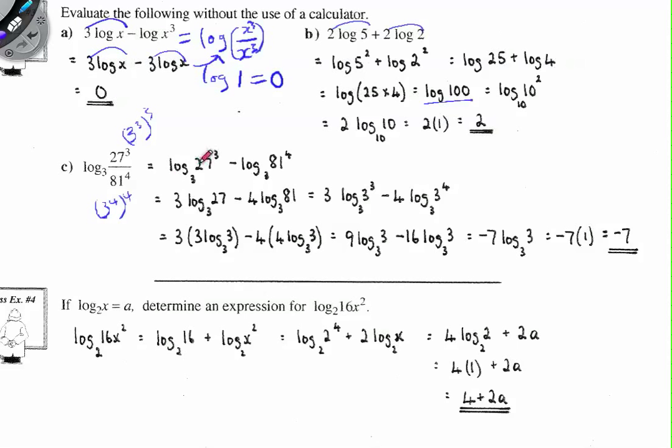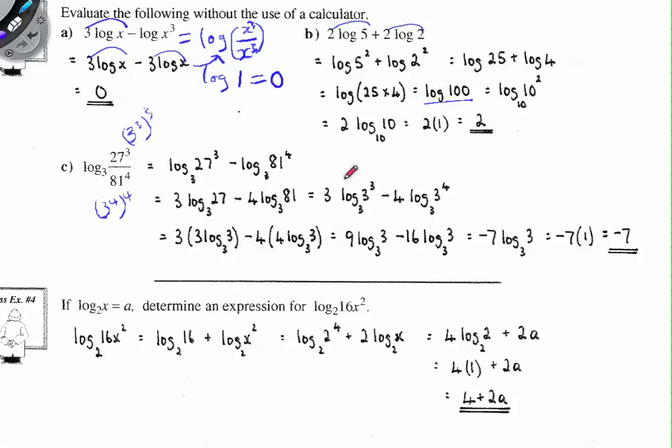However, it shows probably a slightly different way of doing it here. We're splitting them apart now, so it's a difference of 2 logs instead of the quotient, and then bringing the 3 out front and the 4 out front gives us this. It looks like we are changing the 27 to 3 to the 3 and 81 to 3 to the 4.